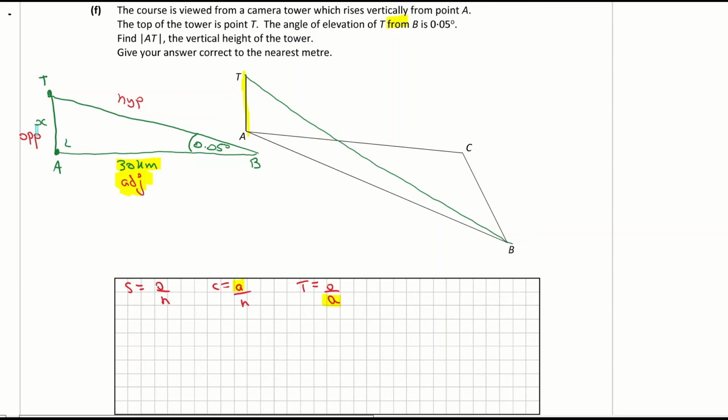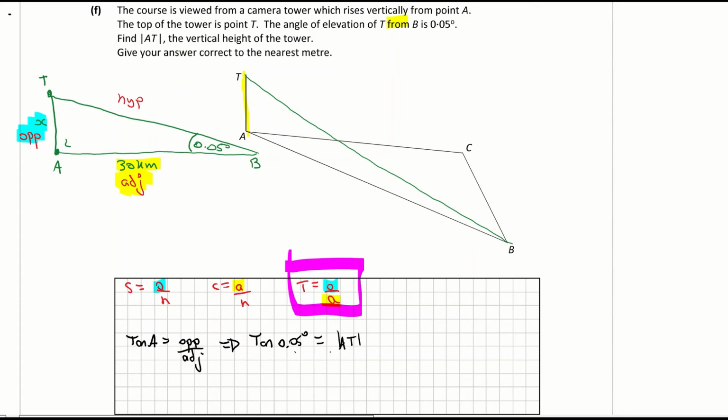And I'm also using my opposite, which is O in tan and sine. So basically you can see there I'm using tan. So I'm going to look at tan of the angle is equal to opposite over adjacent, which gives me tan of 0.05 degrees is equal to opposite, which is my AT, or X, I'll just call it AT, over adjacent of 30.